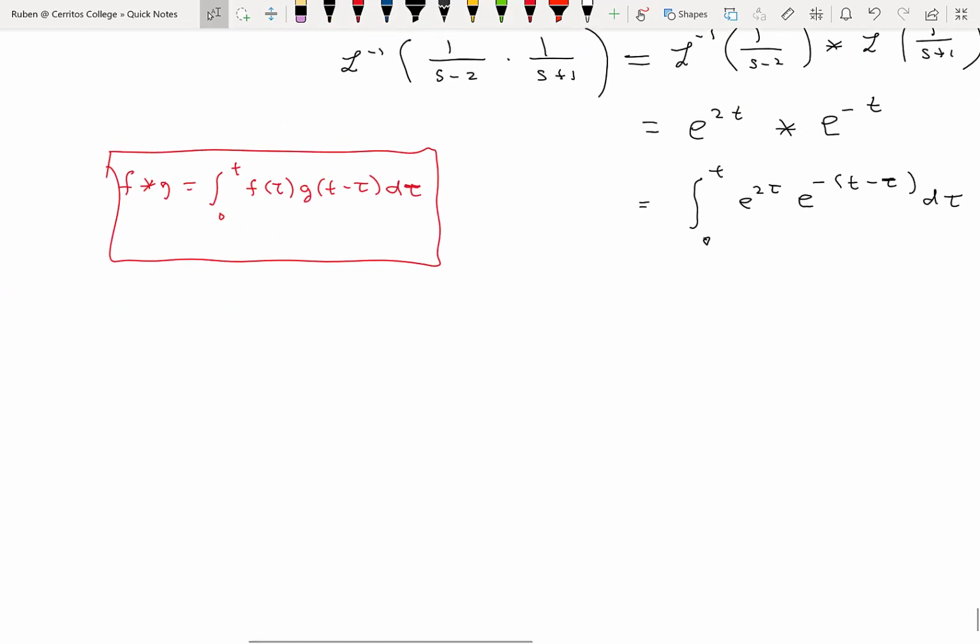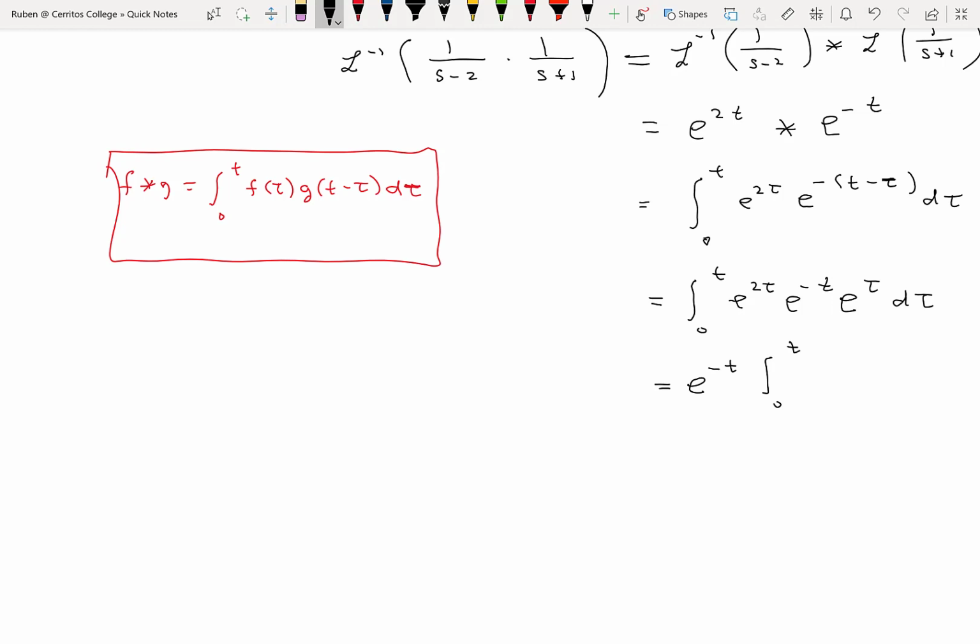So let's do this. This becomes the integral from 0 to t, e to the 2 tau, e to the minus t, e to the positive tau d tau. Okay, now the integration is occurring with respect to tau, so e to the minus t in the middle of that product is constant, and can be factored out of the integral.